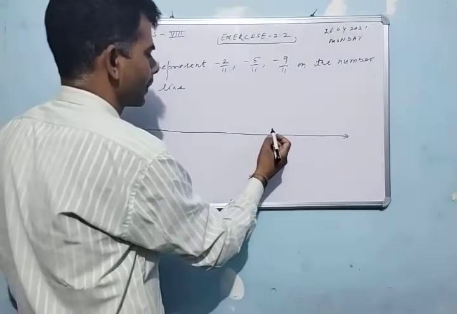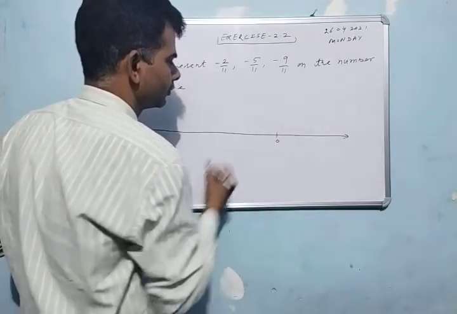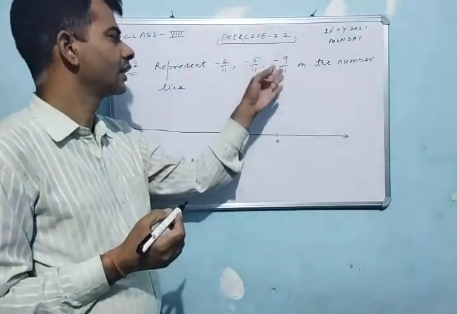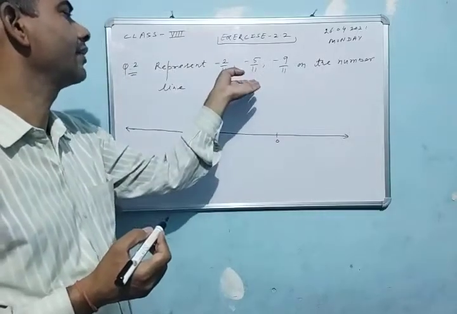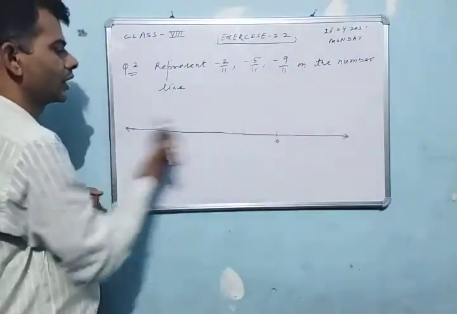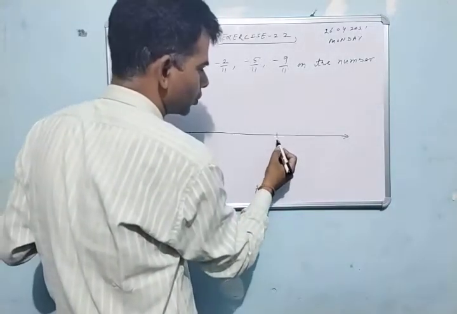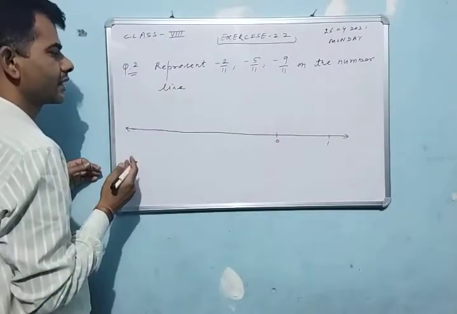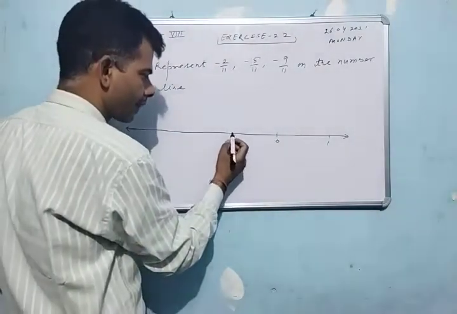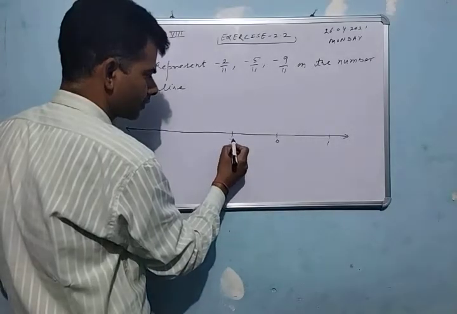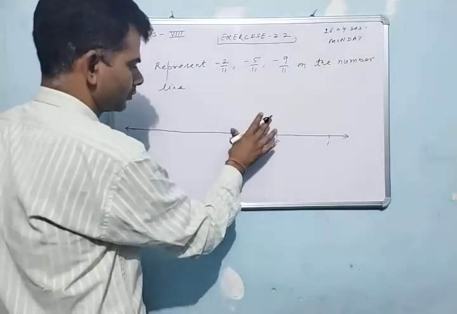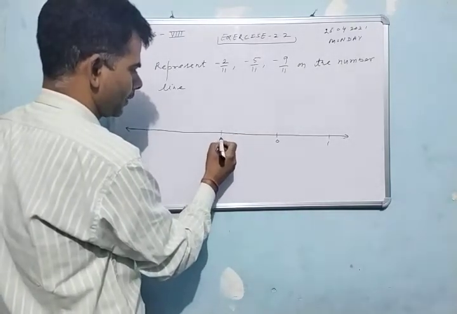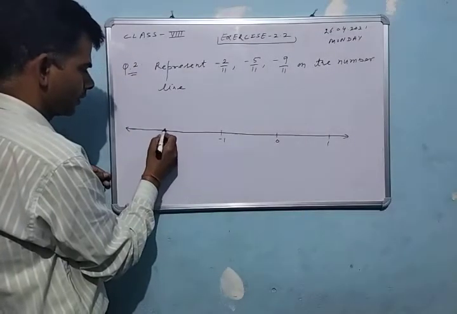Now students, that is 0, and you are observing here that the negative numbers we will take towards the left-hand side. From 0 to the right-hand side, that will be equal to 1, and towards the left-hand side we will take minus 1, that is minus 2.